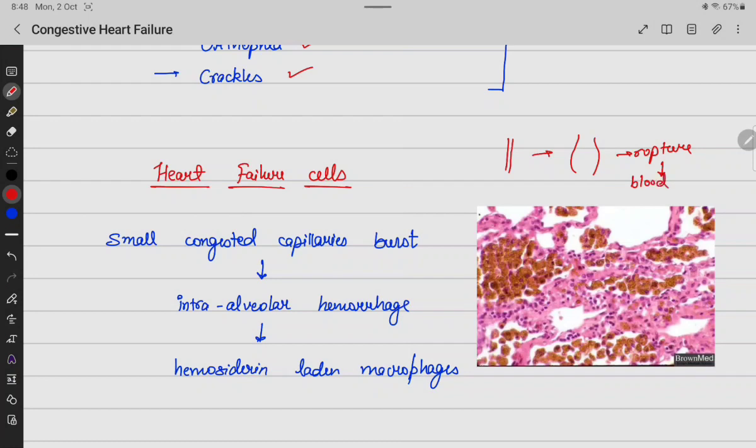This blood gets taken up by alveolar macrophages. Since these macrophages are ingesting this blood, they are basically ingesting iron, which will lead to these hemosiderin laden macrophages. These are called heart failure cells. Here all these brown colored cells that you are seeing are all heart failure cells.